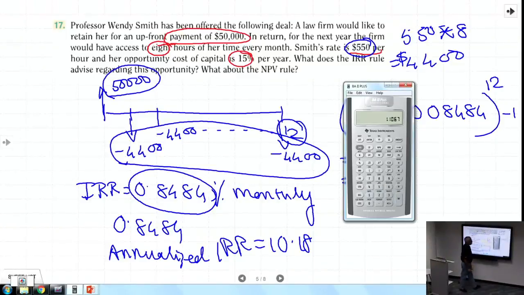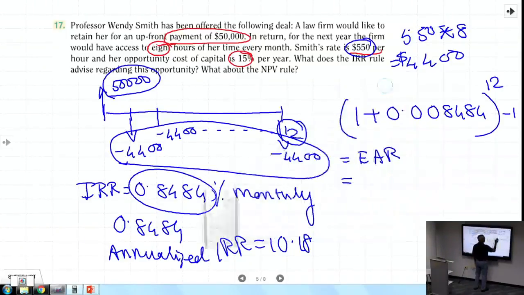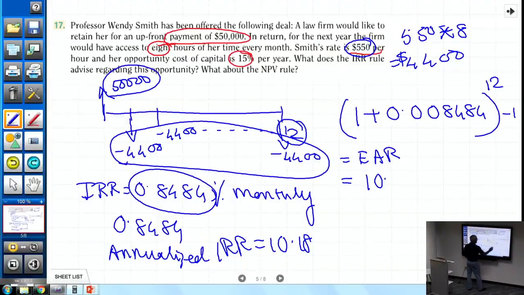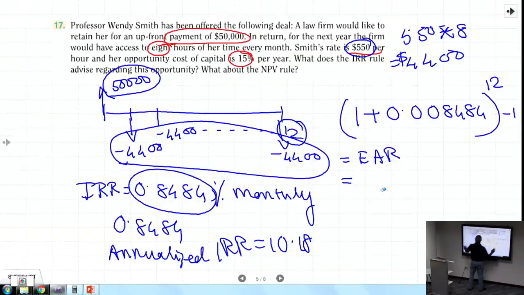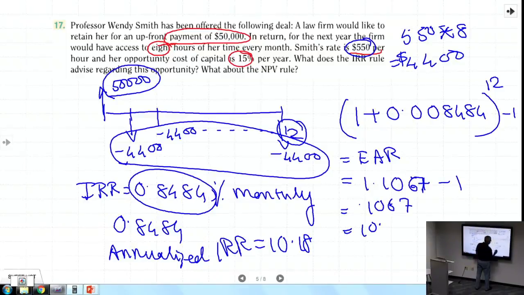So that's 1.1067, minus 1, so that's 0.1067 or 10.67%.